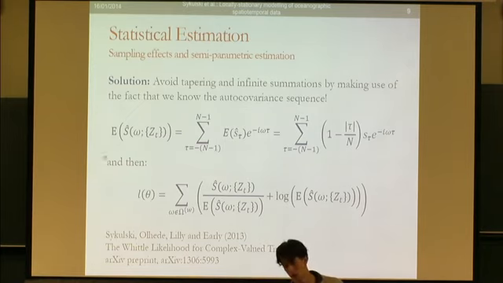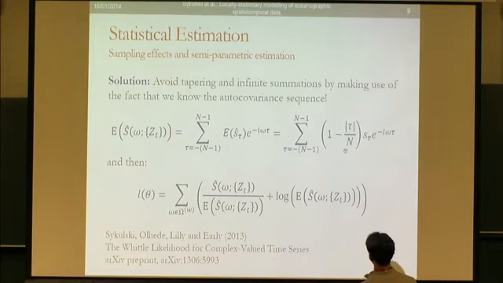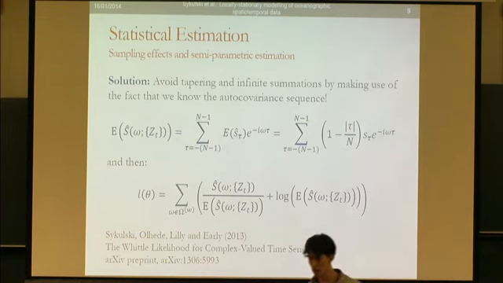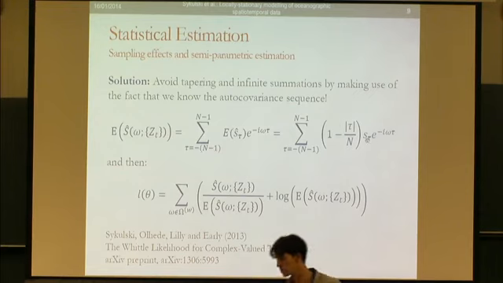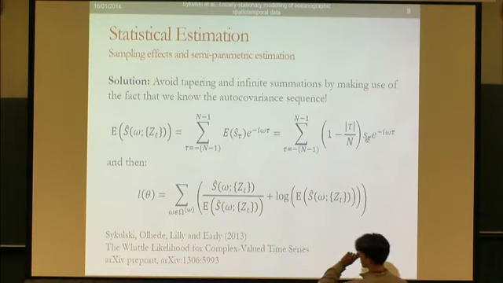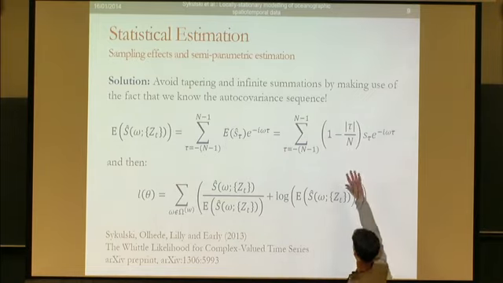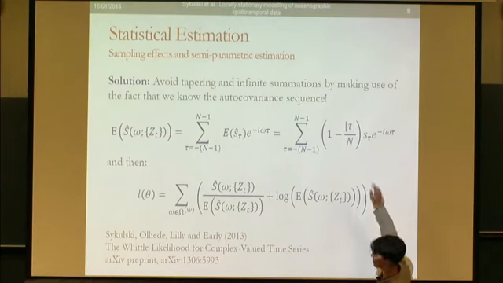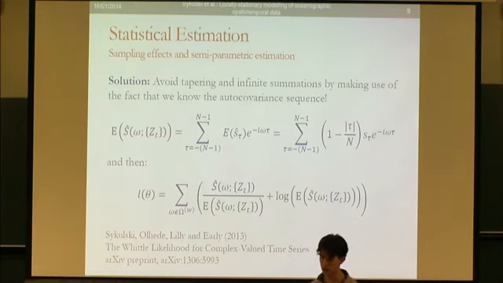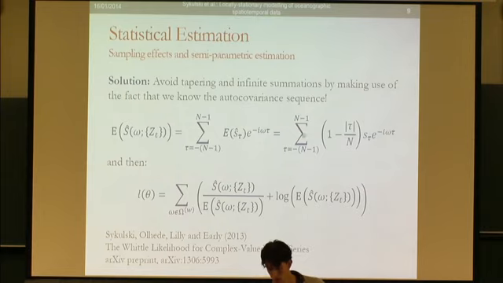So, okay, we know that, but actually we know this bias. We know this bias is a function of the lag. It's this triangle kernel, and we know the autocovariance sequence. So now we know that the expected value of the periodogram is the Fourier transform of the autocovariance sequence multiplied by this triangle kernel. So why not just use this in our Whittle likelihood?